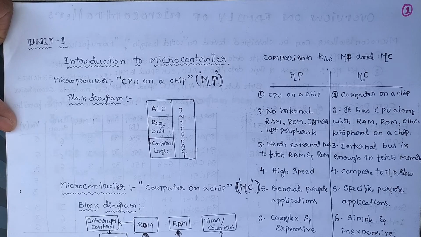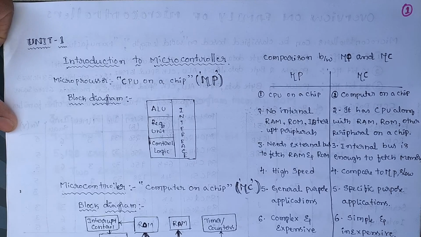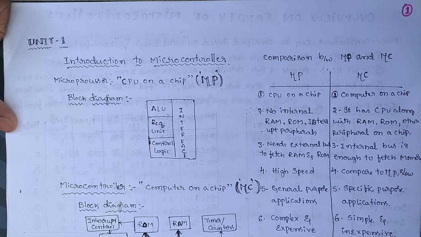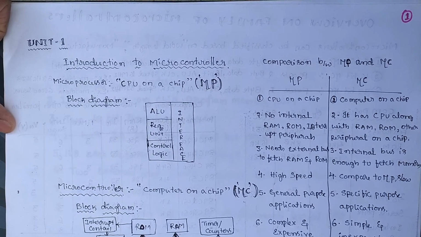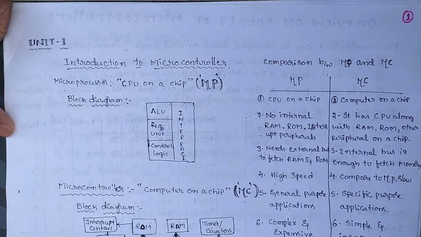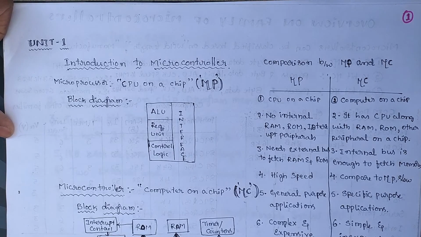The microprocessor doesn't have internal RAM, ROM and interrupt peripherals, but the microcontroller has the CPU along with RAM, ROM and other peripherals on a chip. The microprocessor needs an external bus to fetch from RAM and ROM, because it doesn't have internal buses, but the microcontroller has an internal bus, which is enough to fetch memory and IO devices.